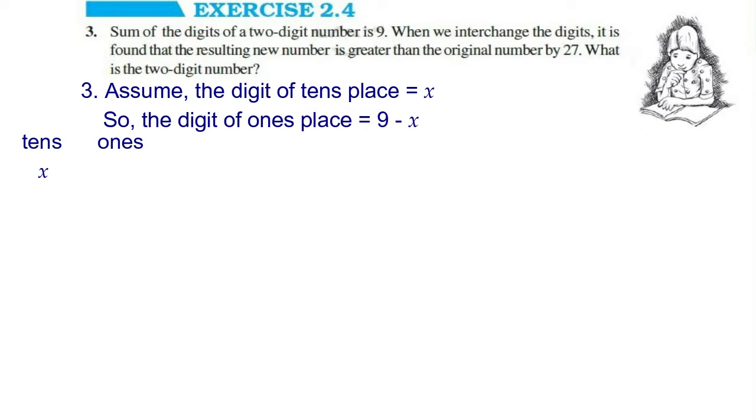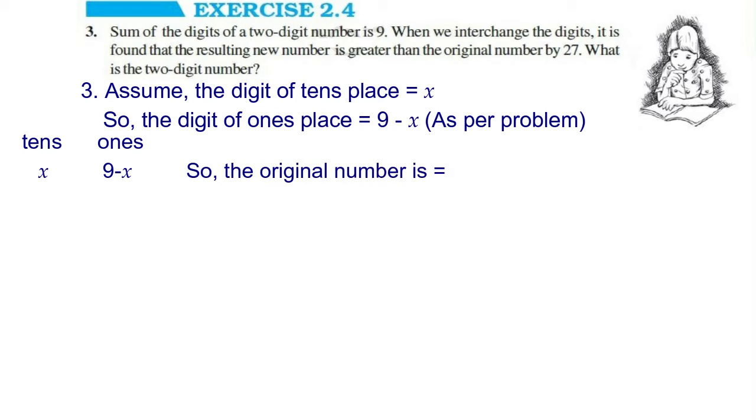Now we can write the original 2-digit number is equal to 10x + (9 - x), because the number at the tens place is x and the ones place is 9 - x. So the original number is 10x + (9 - x).